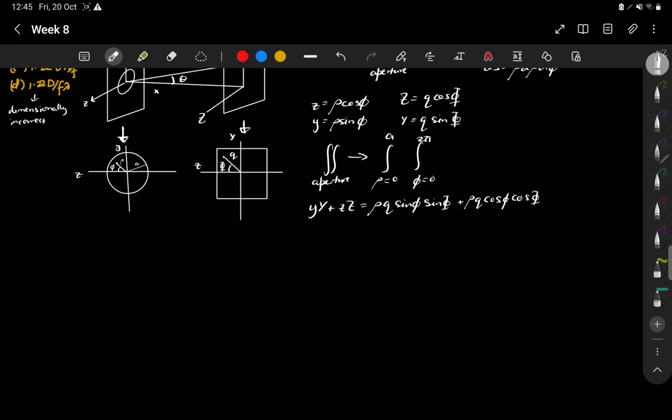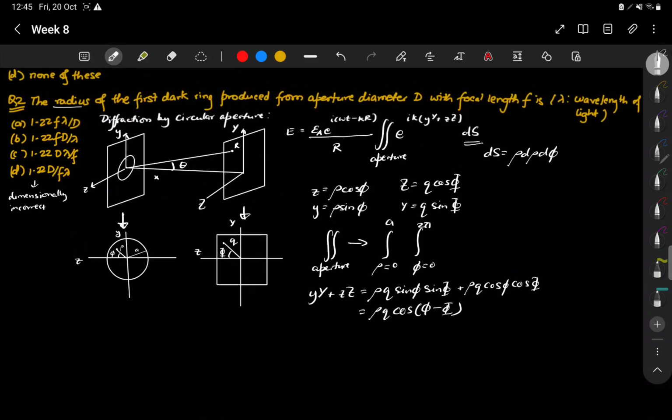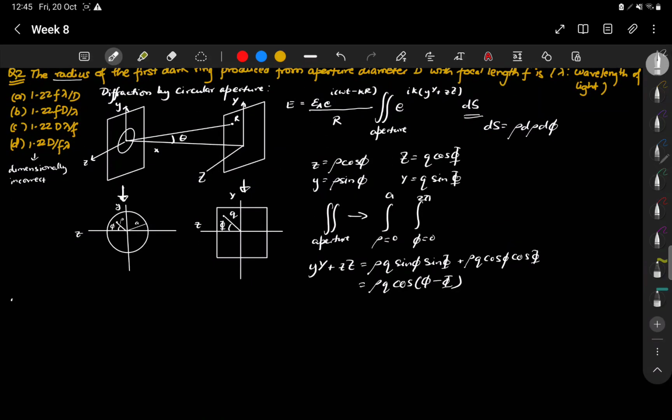And using the trigonometric identities, this would reduce to the following. Okay, great. Now we can proceed with our integration. So the electric field on the screen would be given by the following.